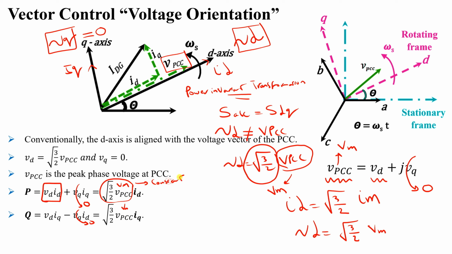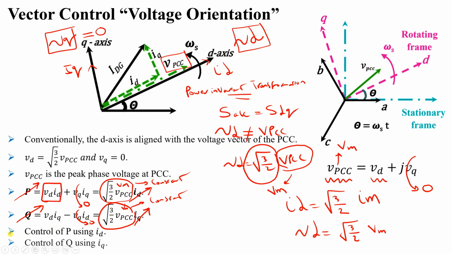It doesn't change. This one is also a constant value. So what we can learn from this is that by controlling ID, I can actually control the active power injected. And by controlling IQ, I can control reactive power, right?